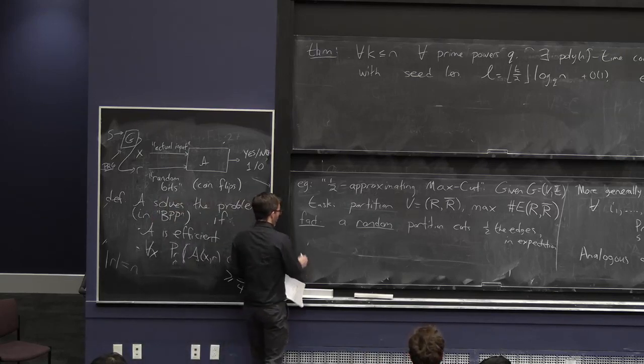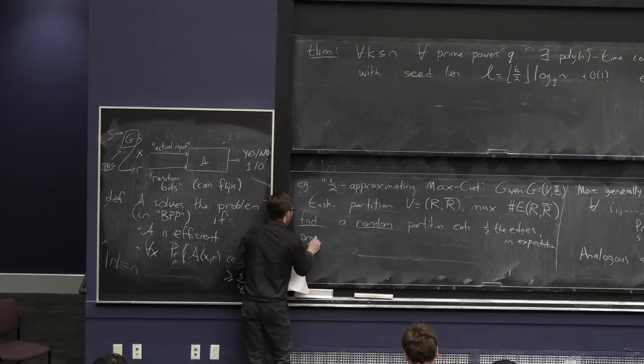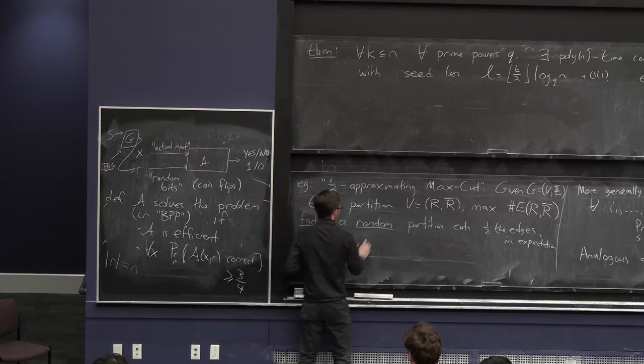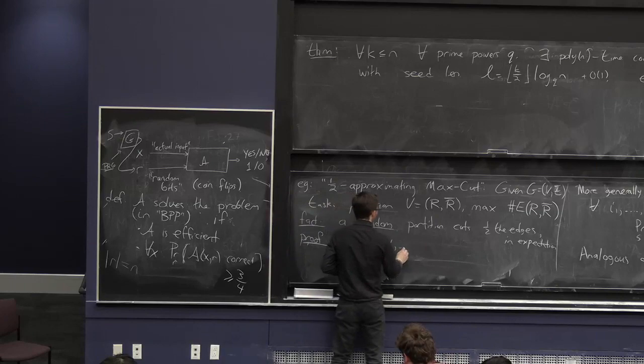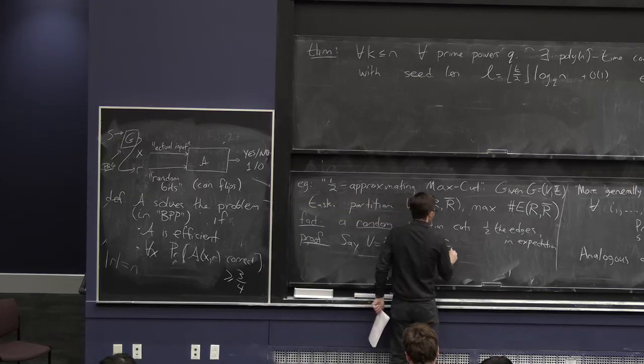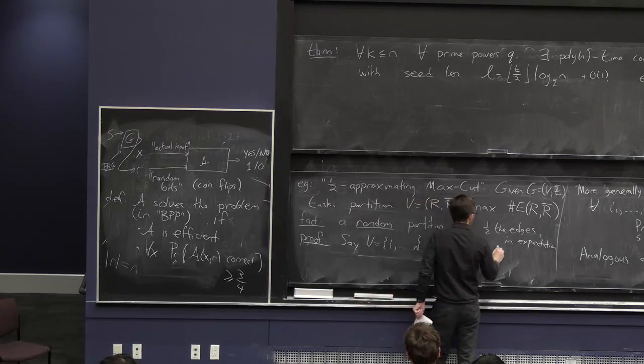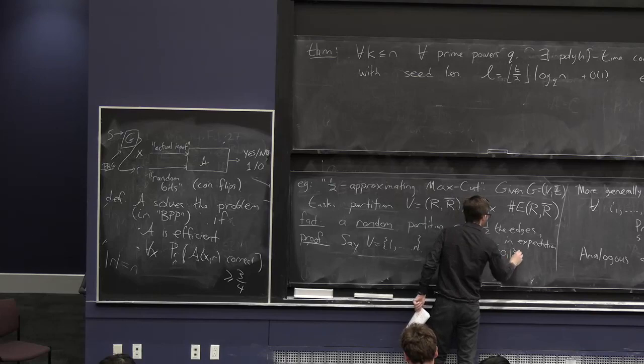Let's even see the proof of this fact. Let's say without loss of generality, the vertex set is just the numbers 1 through n. It's a randomized algorithm, and let's imagine its random string, as usual, is called little r. This is randomly chosen to be an n-bit string.